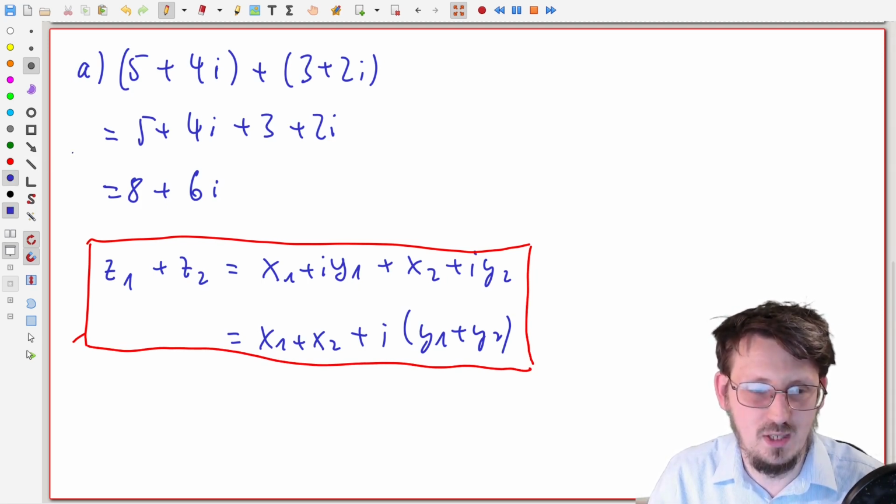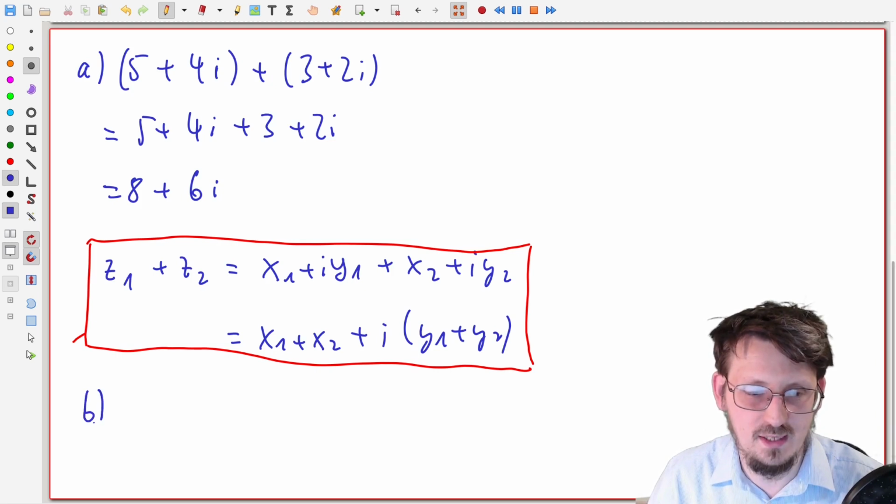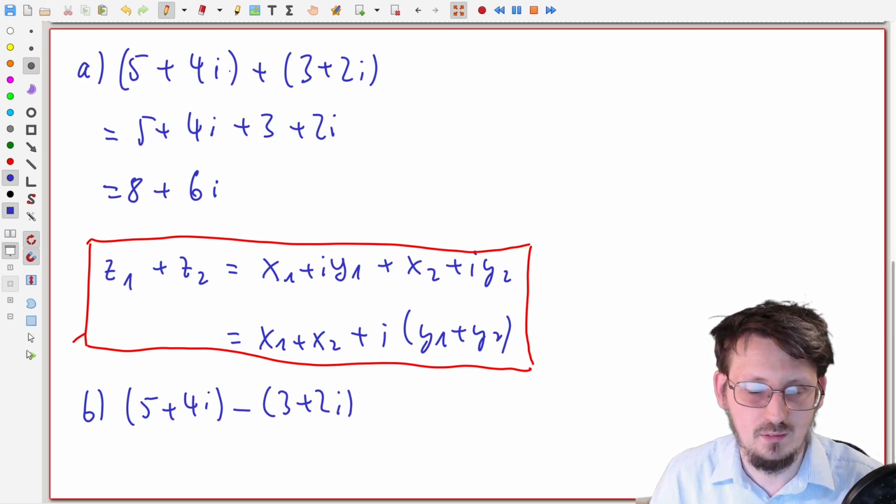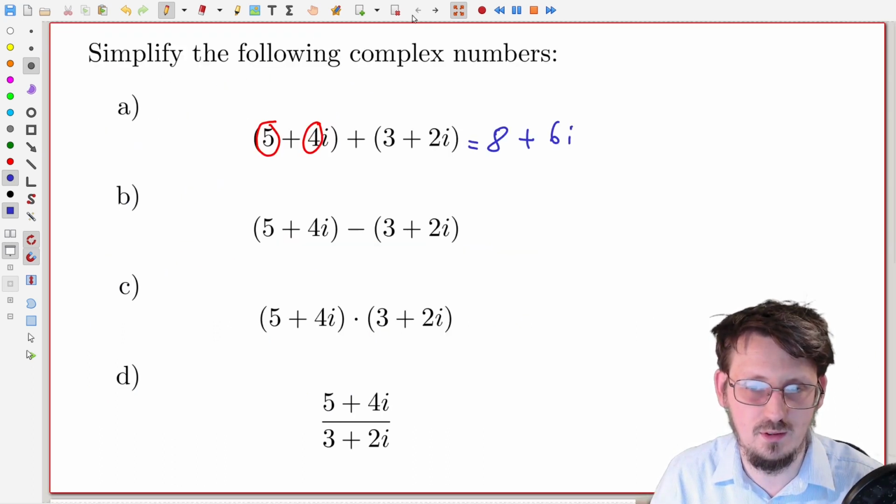And now we can also directly calculate part B, which is the difference between these two complex numbers, 5 plus 4i minus 3 plus 2i. As you can see, I always have chosen the same numbers. So always 5 plus 4i for one of these complex numbers and 3 plus 2i for the other one.